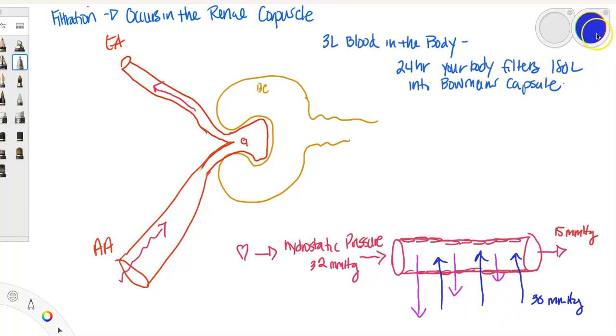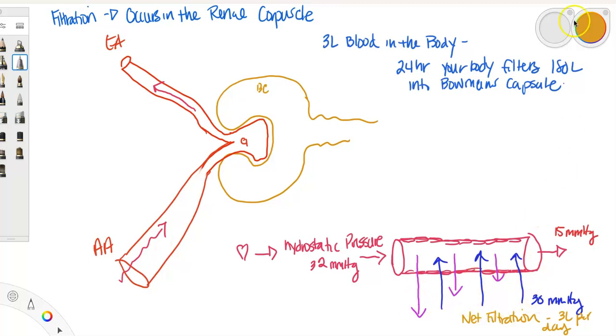And then we said that at the end, there was a net filtration of about 3 liters per day that ended up here, and that had to go back to the heart through the lymphatic system.